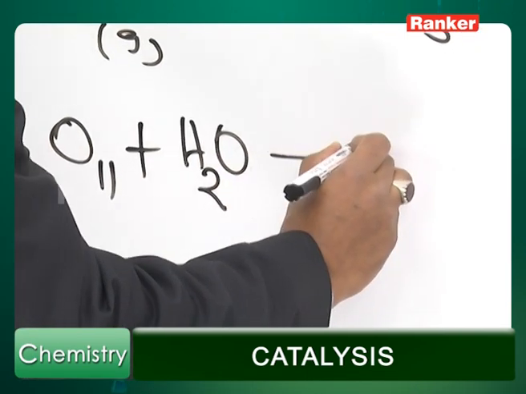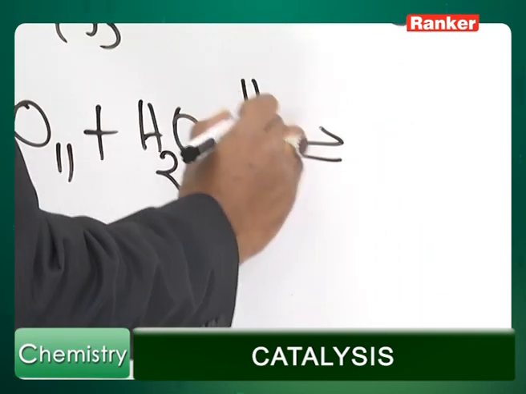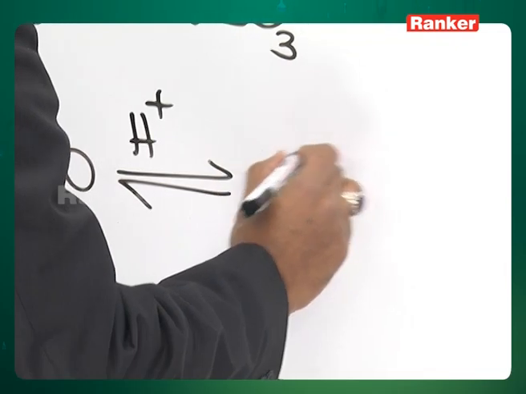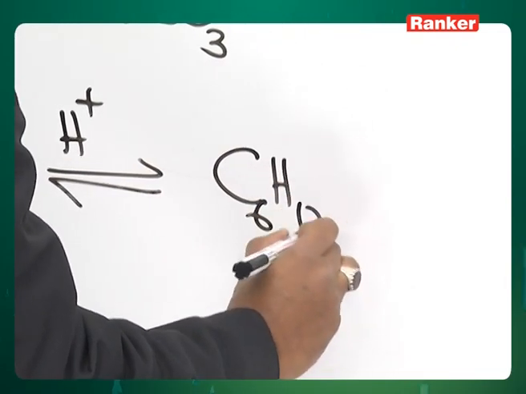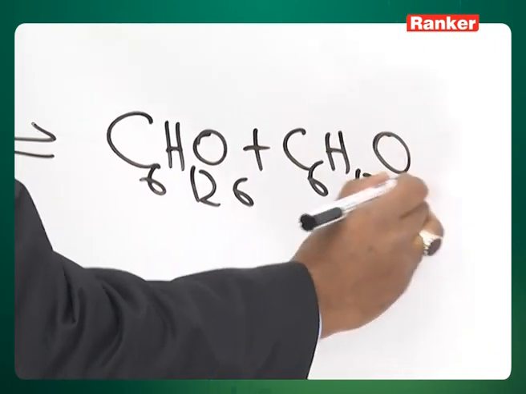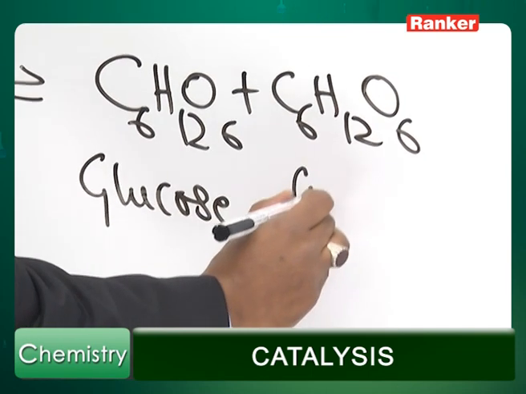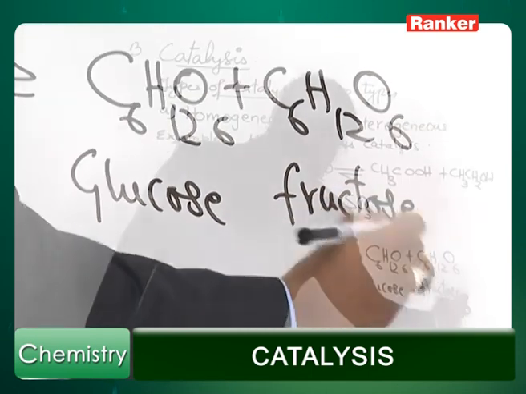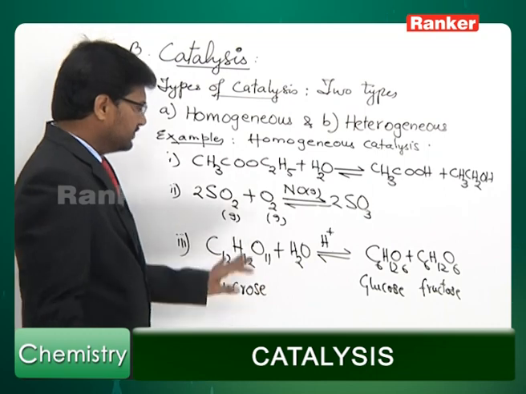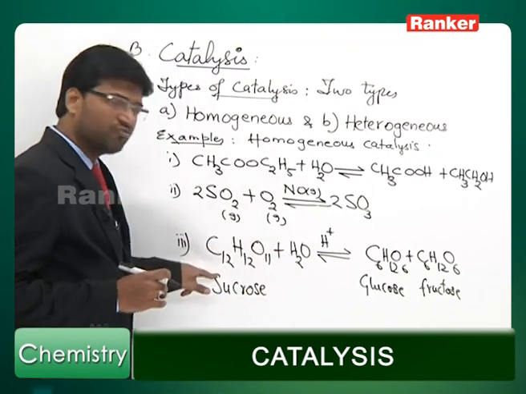Hydrolysis, in presence of acid, and you get C6H12O6 plus C6H12O6. One of them is glucose and the other one is fructose. They are isomers. This reaction is called as inversion of cane sugar. This is cane sugar, sucrose.